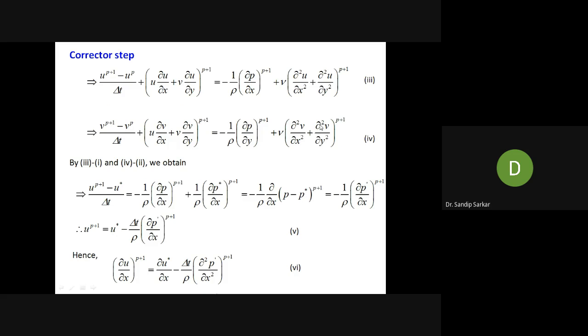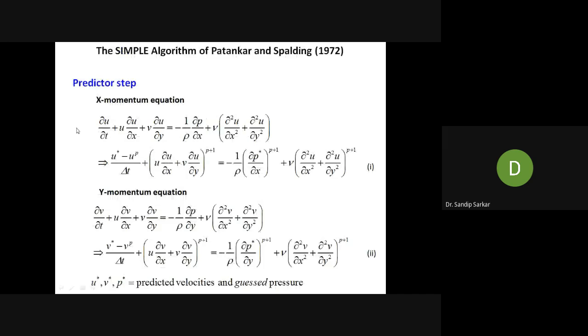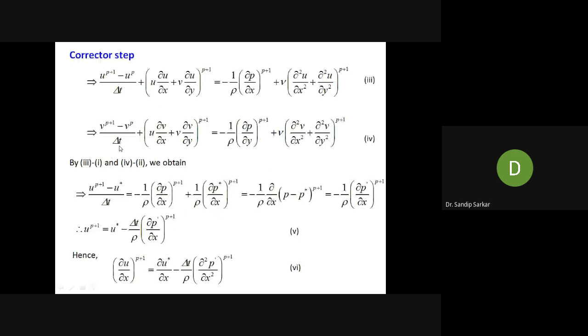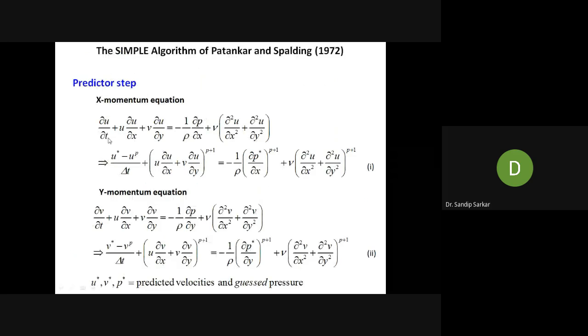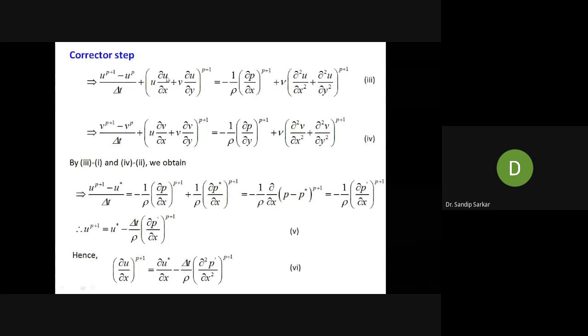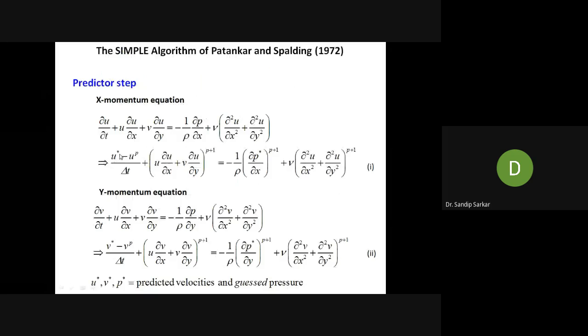Now, your Navier-Stokes equation, that is your x momentum equation: del u by del t plus u del u by del x plus v del u by del y equals minus 1 by rho del p by del x plus the viscous terms. Here this is u star, your predicted velocity. In actual case, it will be u p plus 1. In the corrected step, actually it is u p plus 1.